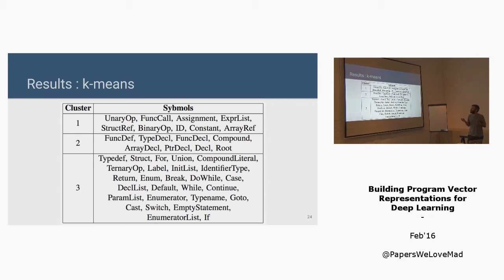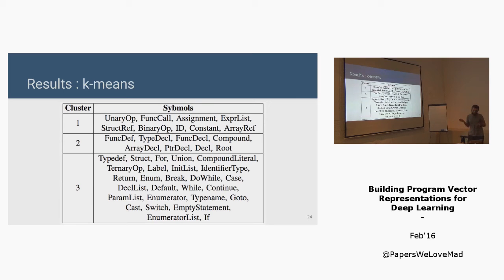So it's trying to infer some types, and each cluster would be equivalent to a certain type. On this one, you can see that these operations are mainly about data reference, manipulation, again by ID, constant, binary operations. So it's a type that more or less makes sense.